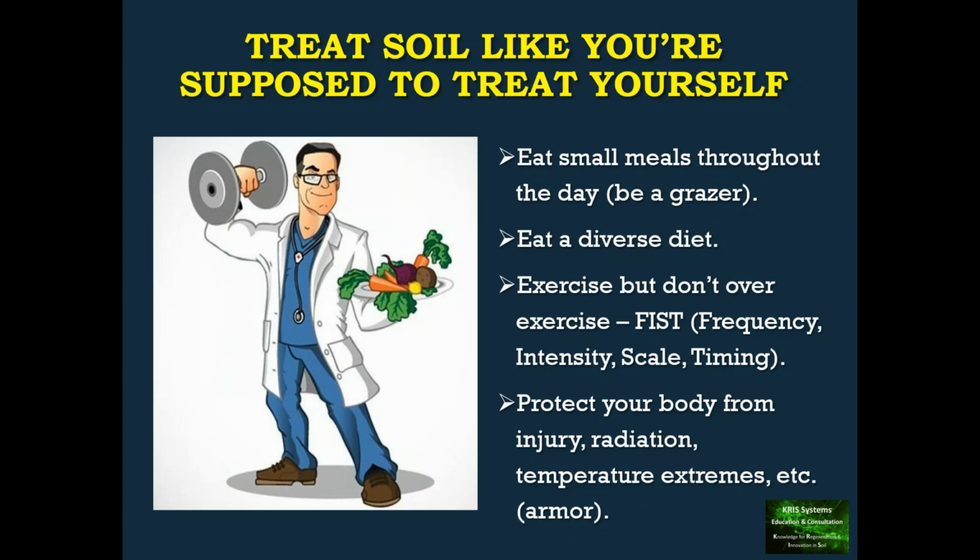Is there a way to extend that feeding of the soil with carbon? Because the carbon, again, is the energy and the food source, and that's the meal that's going to be coming into that soil environment. Eating a diverse diet.